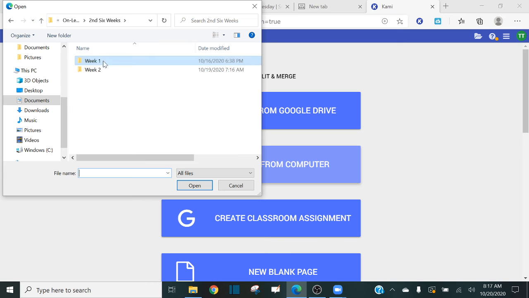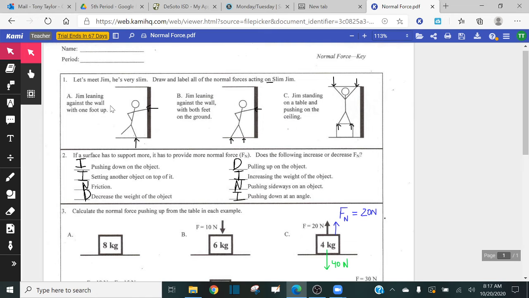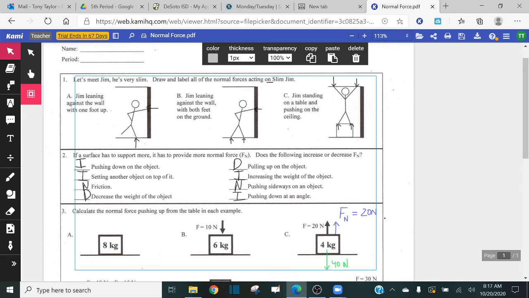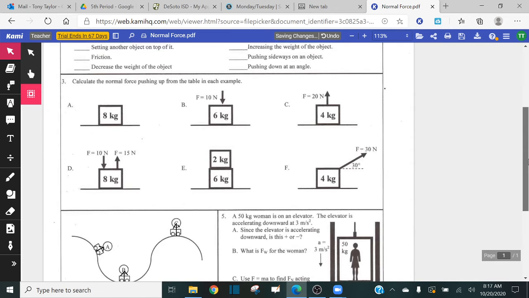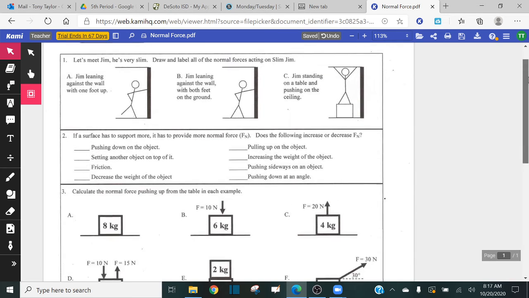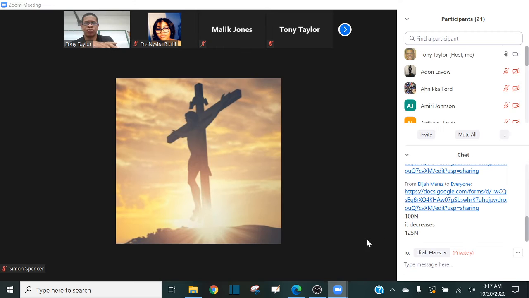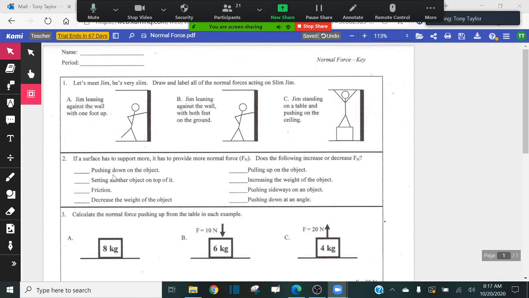Hold on, guys. Okay, sorry guys, I was clearing the screen on this PDF file, but let me share my screen now that I have this cleared.